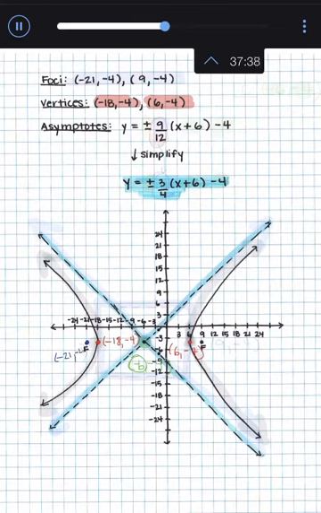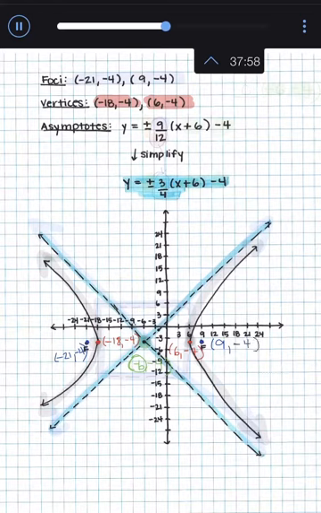We're still at negative 4 because we haven't gone left or right. The other focus is going to have you take that negative 6 and add 15. Well, negative 6 added to 15 will give us 9. And again, it's still at negative 4 because we haven't gone up or down.